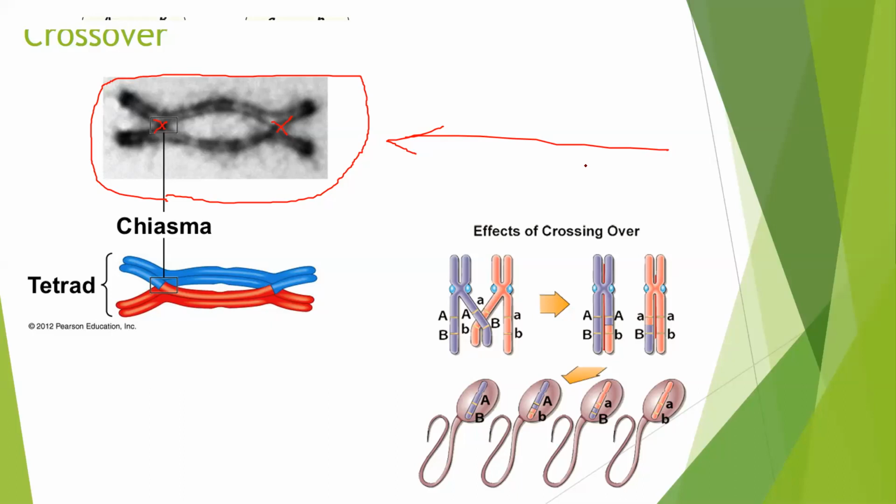And also the crossing over between two homologous chromosomes can produce recombinants. Of course, there are more mechanisms that can produce recombinants, but those two are the most commonly seen mechanisms for producing recombinants.